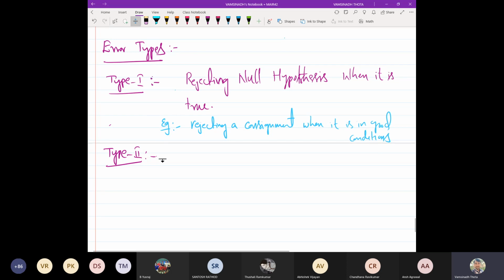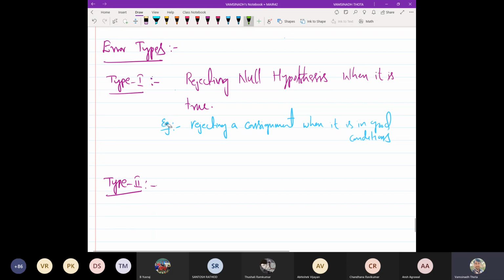At this point it is a matter of only two parties: the manufacturer and the customer. For type 1 error, who will be at a loss, the customer or the manufacturer?